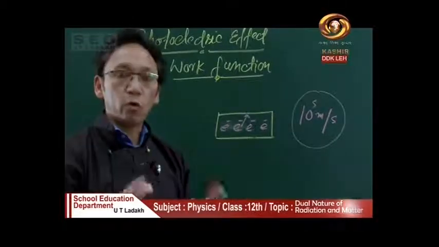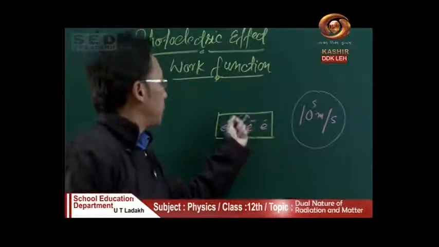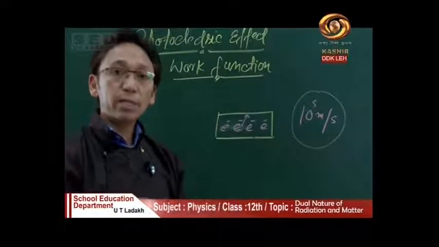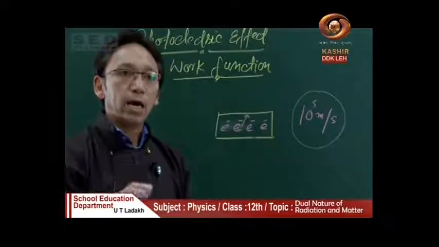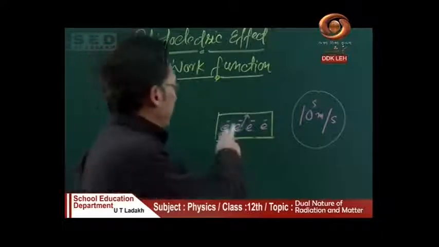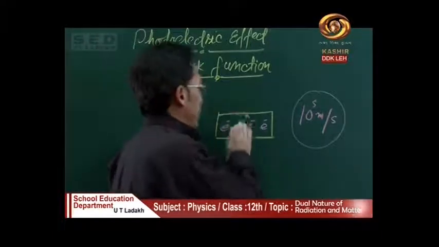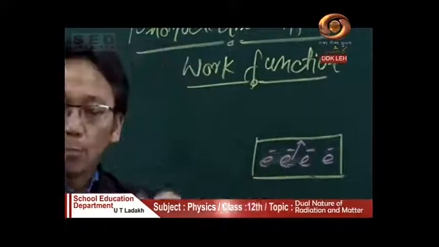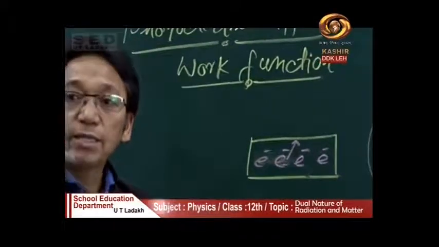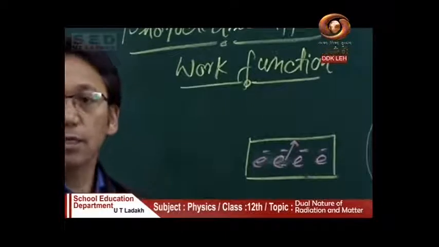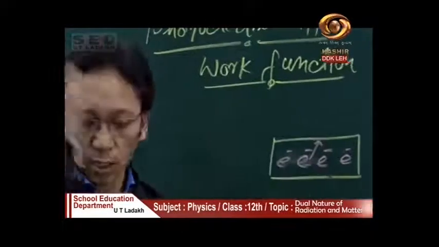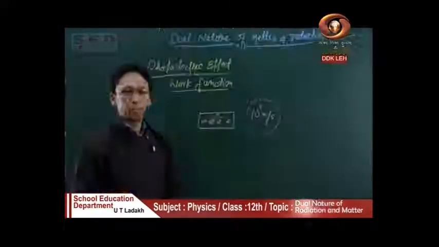There is another force acting, pulling the electron inside the metal conductor. What is that force? That force is electrostatic force. When an electron tries to come out of the metal surface, the surface becomes positively charged, and this pulls the electron back inside the conductor. It will not allow the electron to come out of the metal surface.